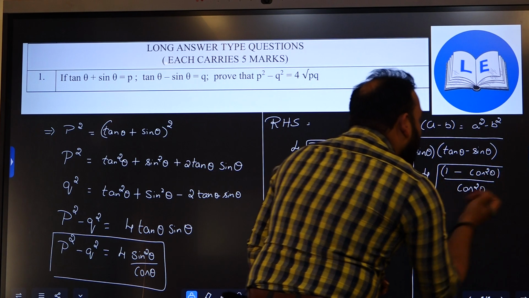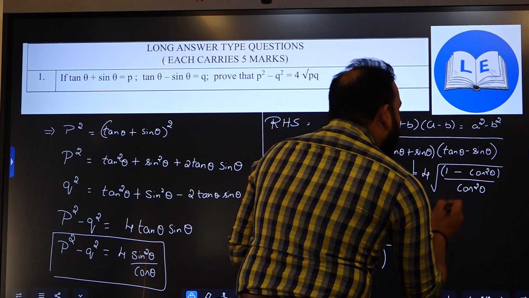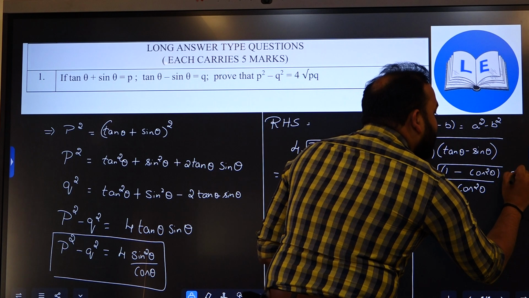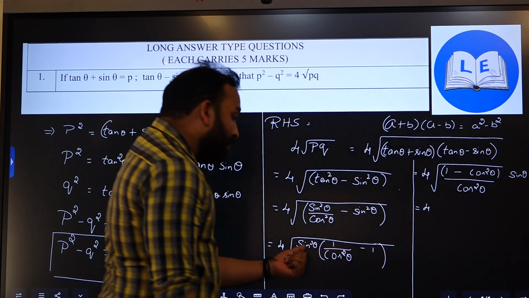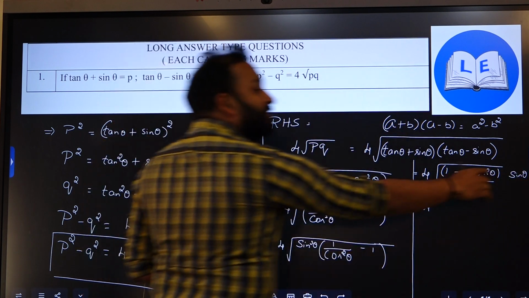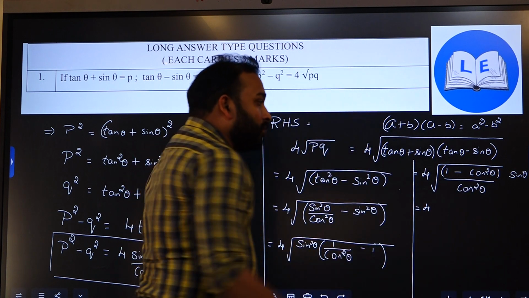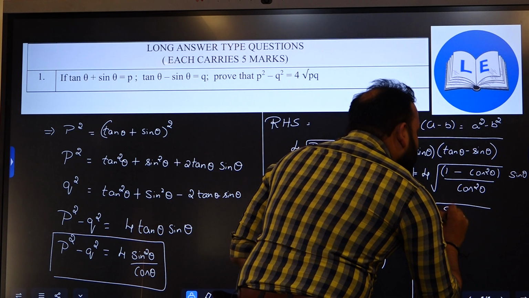Yes, and numerator 1 minus cos square theta is basically sin square theta, and you have one more sin square theta which can be taken out, which becomes sin theta when you take it out. Which sin theta are we talking about? The sin square theta. When you take it out, it becomes sin theta. And here in the numerator, after you take LCM, it becomes 1 minus cos square theta, which also can be written as sin square theta.